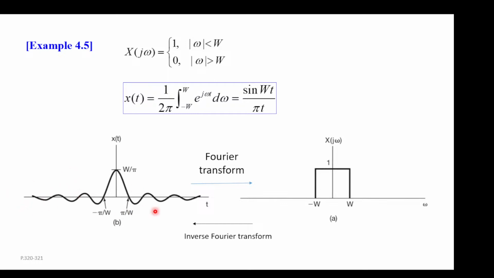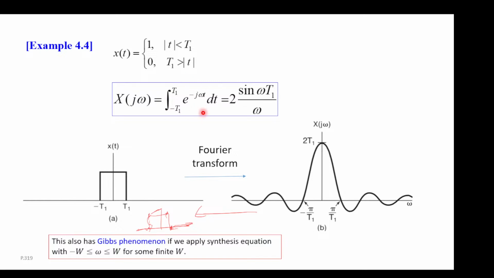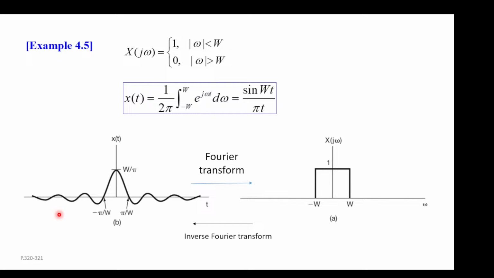And we can calculate x of t through this equation, and we see that it has a similar form, right? Because basically you do a similar integration. It's the integration of either e to the minus j omega t or e to the plus j omega t, but the result is real, so plus and minus doesn't matter.